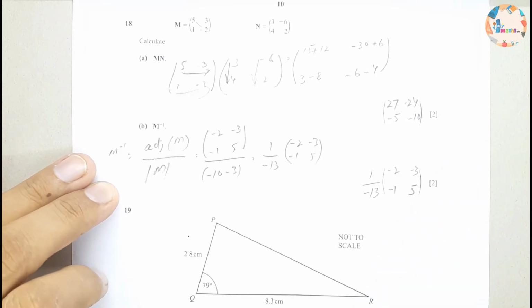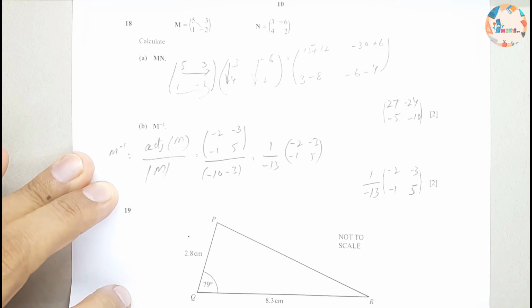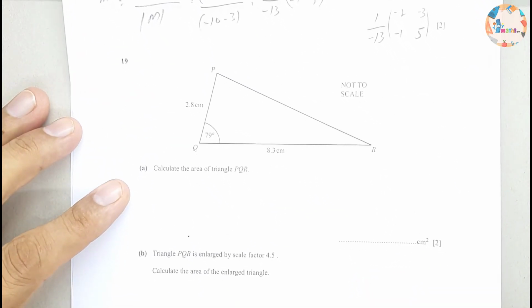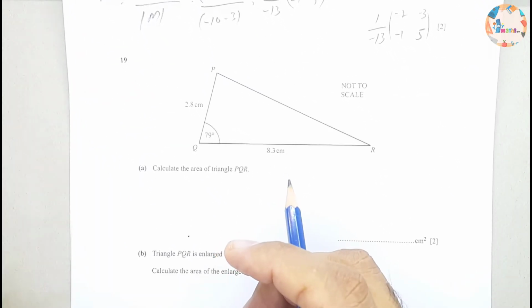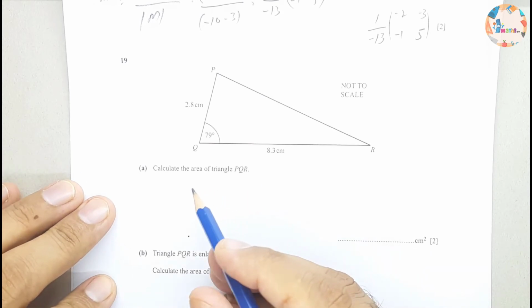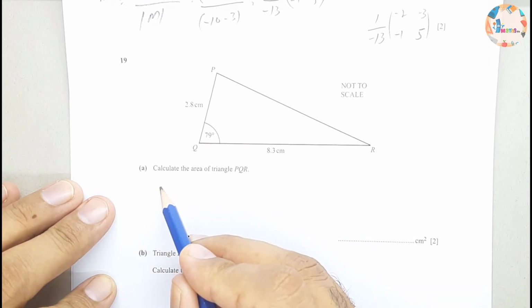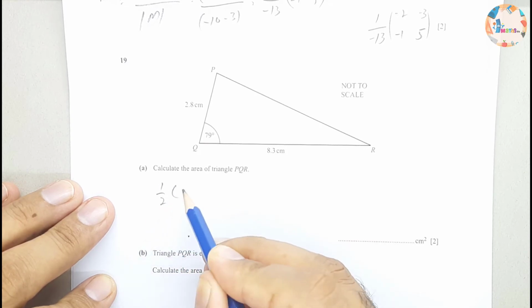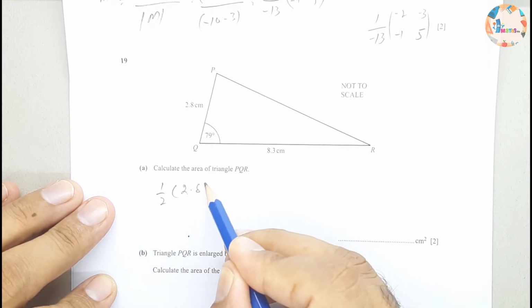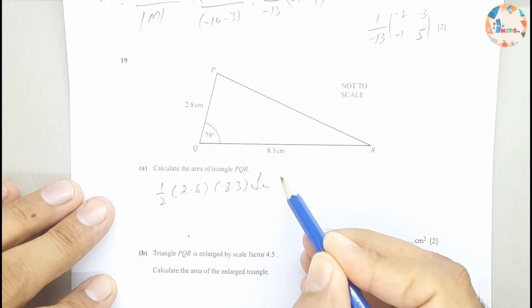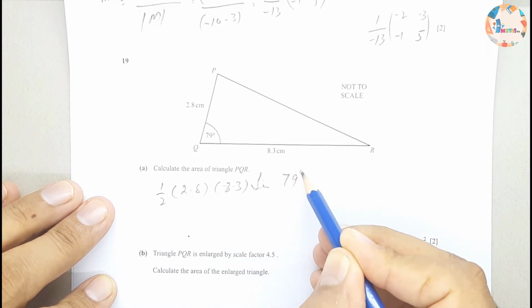Now question number 19. A triangle is provided. Calculate the area of the triangle PQR. To calculate the area of a triangle, we know this is half ab sine C, so we can use that formula. Half into a, 2.8, into b, 8.3, into sine of C, which is sine of 79 degrees.